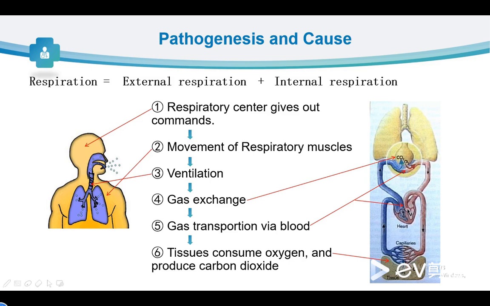That's the internal respiration. And the carbon dioxide can also be expelled out of the body with the gas transportation, gas exchange, and finally the ventilation. So that's an integrated respiration.